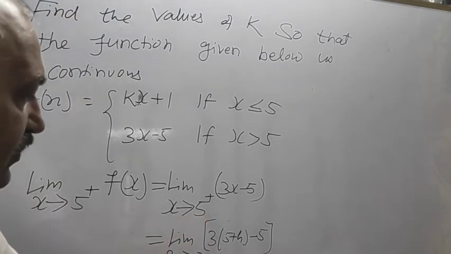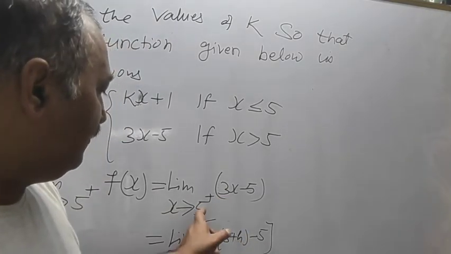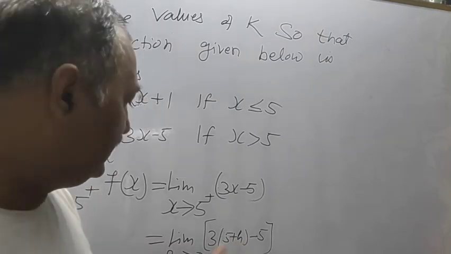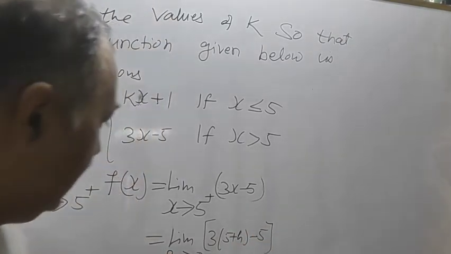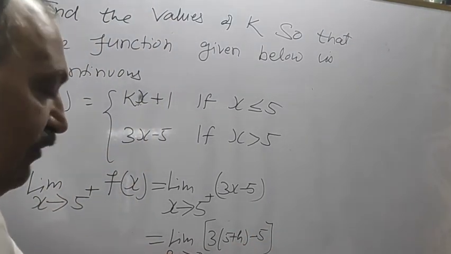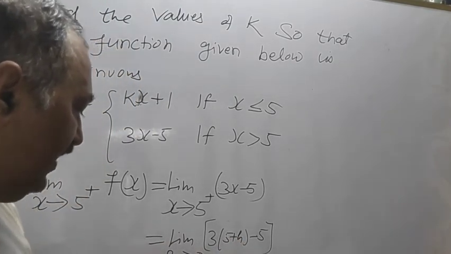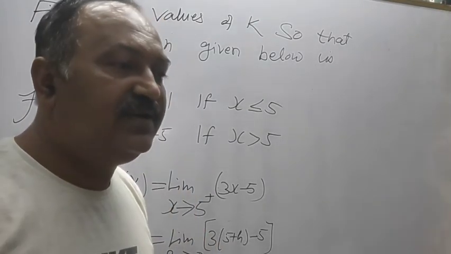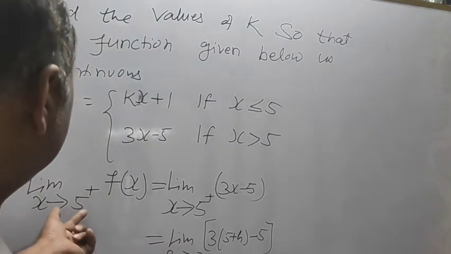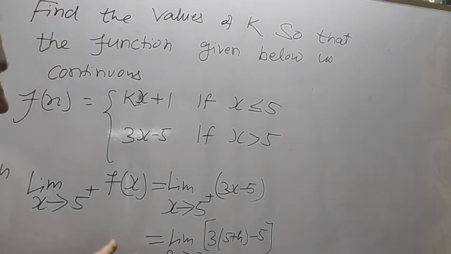Limit of h approaches to 0, putting a plus h in place of x, 3 into 5 plus h, because role of a is played by 5, 5 plus h minus 5 as it is. Putting the values of h, applying the limit, we get 3 into 5 plus 0 minus 5, 15 minus 5, that is 10. This is the value of the right limit of f of x at x is equal to 5. That's all.